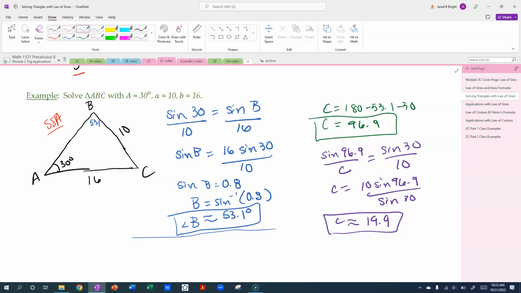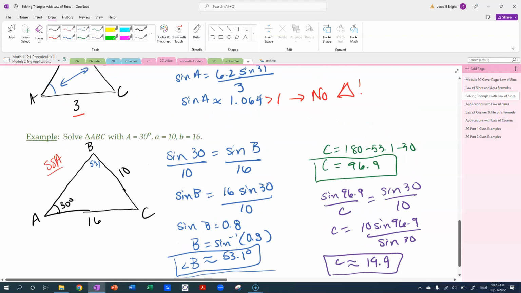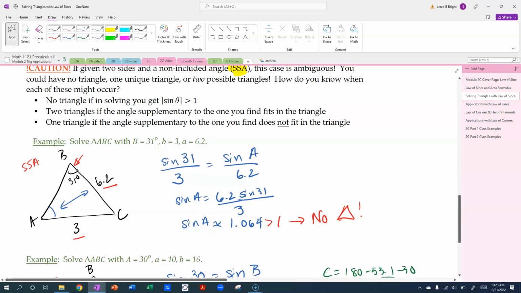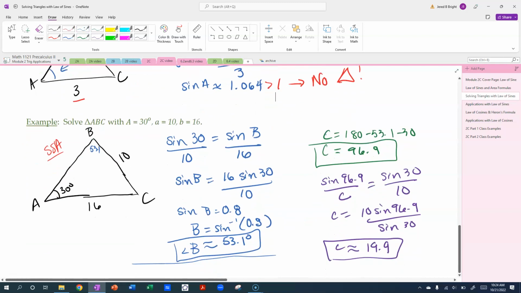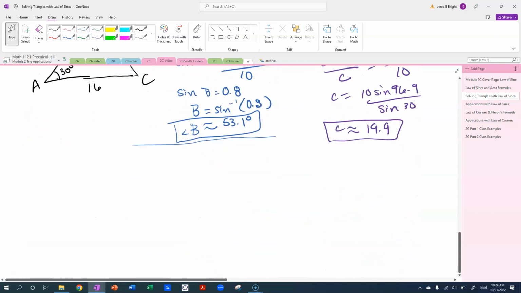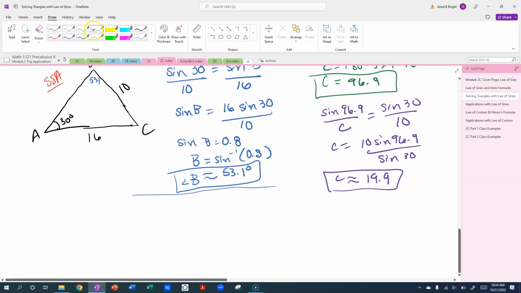This one is actually a case where you could have two, because the tip with two triangles is if the first angle that you find, if you look at its supplementary angle, that could fit in the triangle. So kind of the other version, the second triangle, angle B could be equal to 180 minus 53.1.